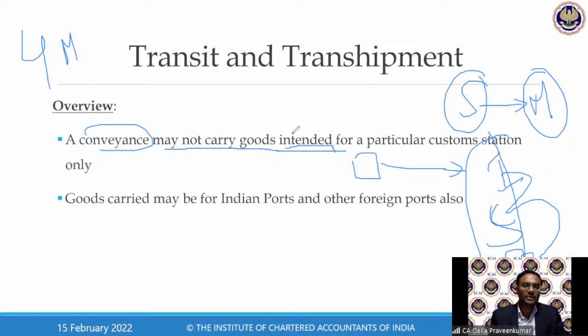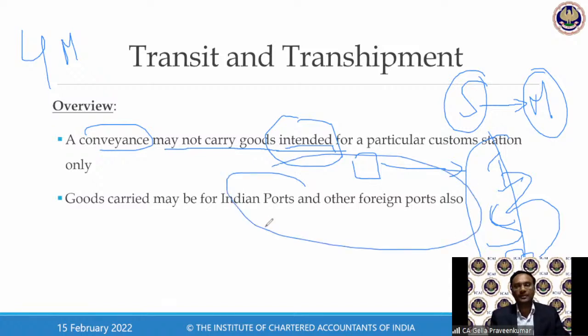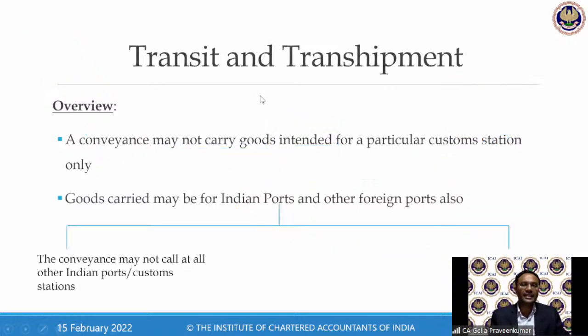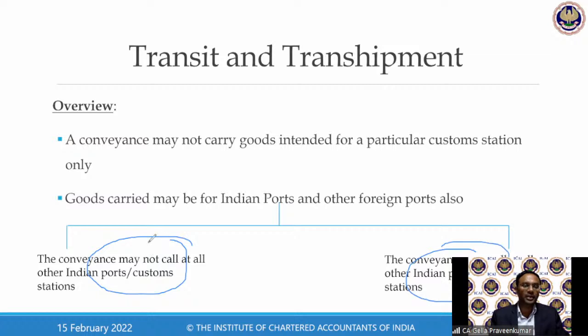A vessel which is coming to India may carry goods not only for India, but even for foreign nations also. This particular vessel may decide, I may visit customs port, I may not visit customs port.